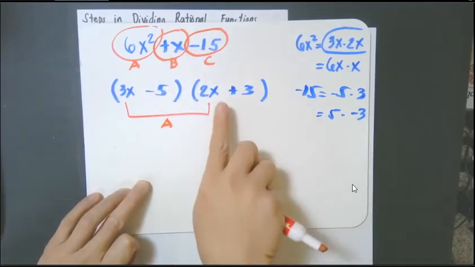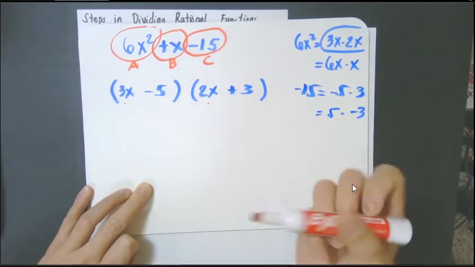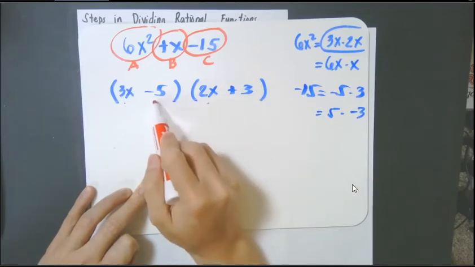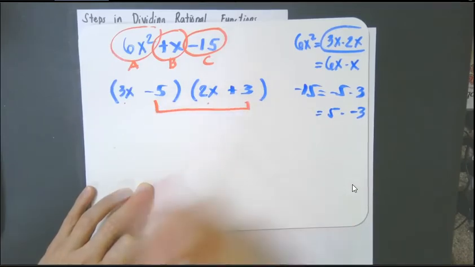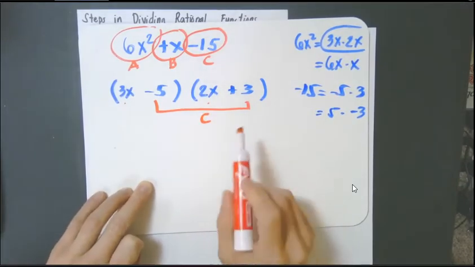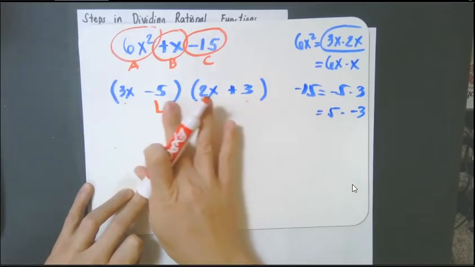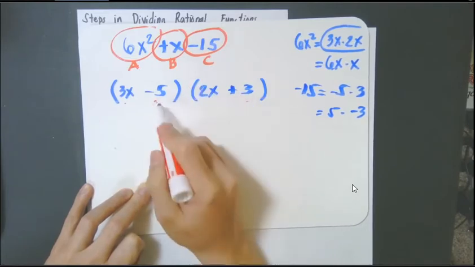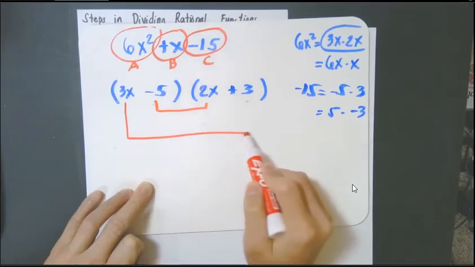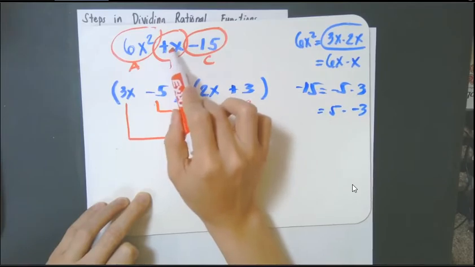So to do that, let me erase that part here. To check your part C, you need to multiply these two. That's how to check your part C. Now to check your part B, you need to multiply these two and these two over here, and they should add up to positive x.